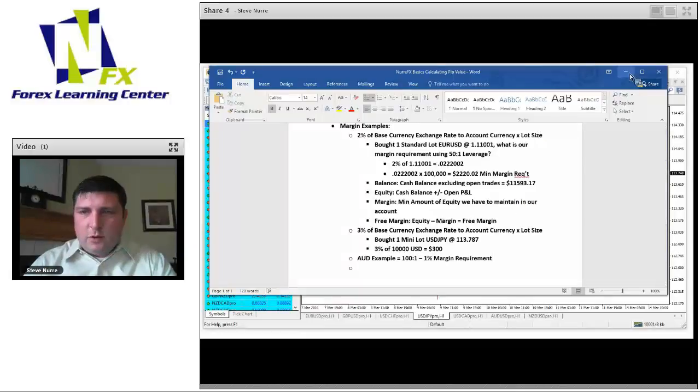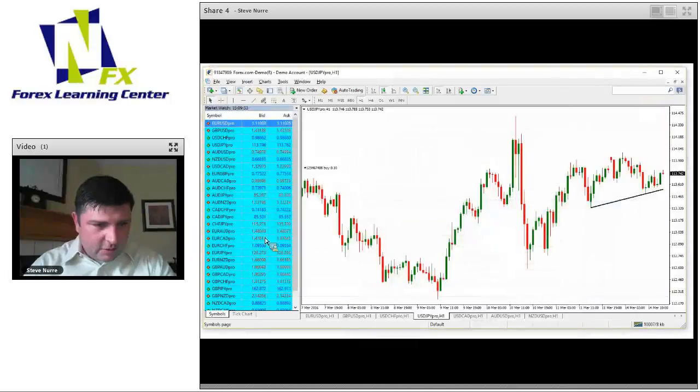So let's say you were to buy one standard lot of Euro Aussie at 1.48078.